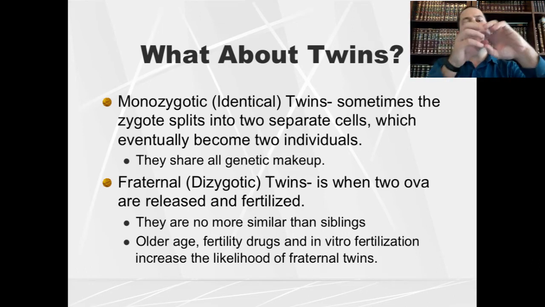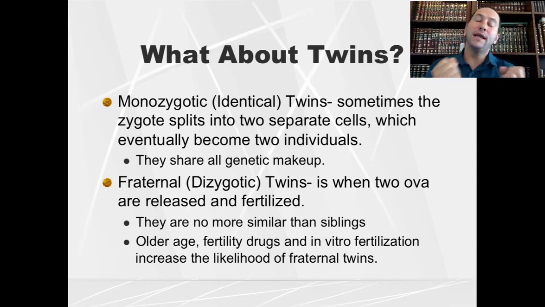So this fertilized egg splits into two. And that's why they're called identical, because both genetic pairs are absolutely identical, because it's the same sperm cell, same ovum that fused together and then split into two. So they share all genetic material.